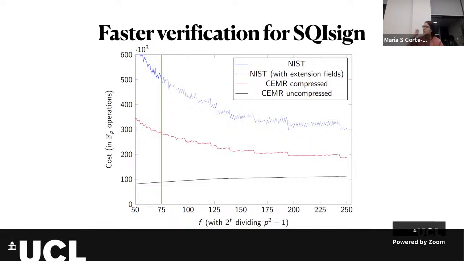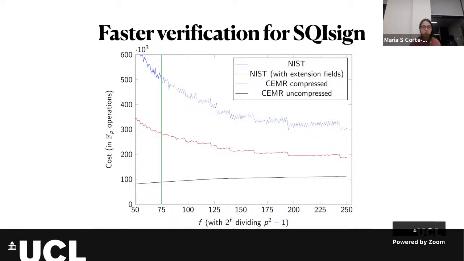The red line is compressed signatures, which is a better comparison because the NIST signatures are also compressed. But we also implemented the uncompressed signatures, which you can see on the black line, which really are sort of optimally fast. You can't really hope to get better than that.